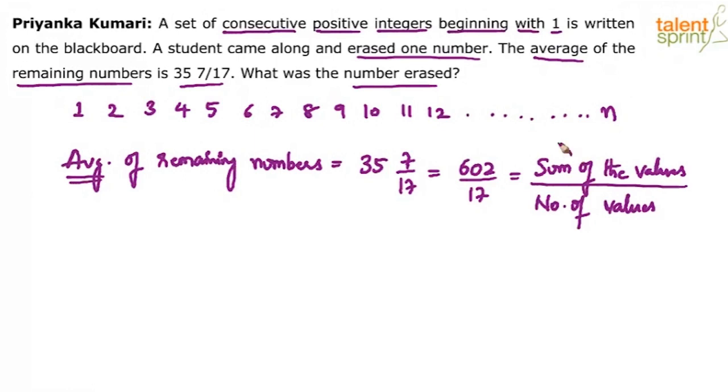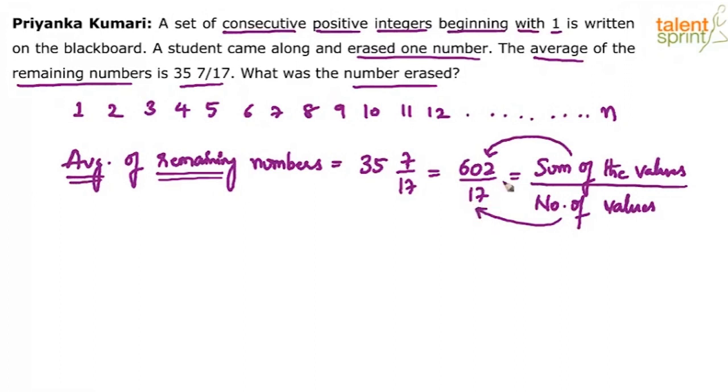We are equating the sum of the values to 602 and the number of values to 17. Understand, this is the average of the remaining numbers. The remaining numbers are 17 according to 602 by 17. This is not the ideal case, but one of the possibilities. But if you think of it, the remaining numbers are 17.